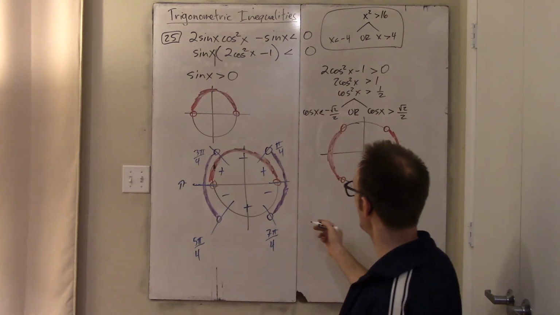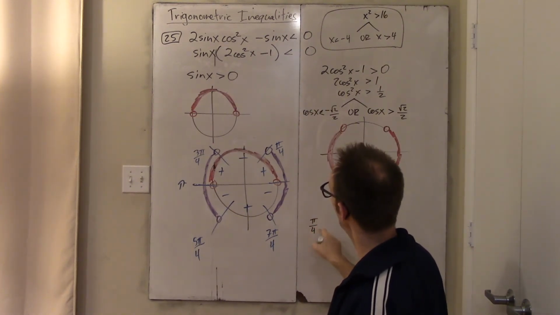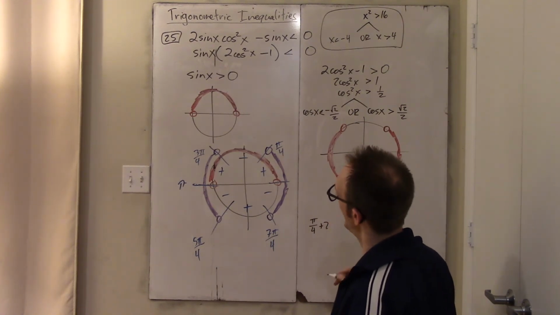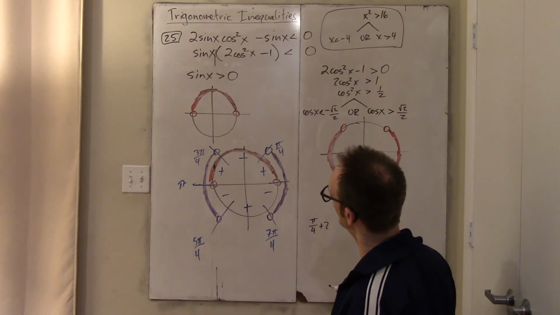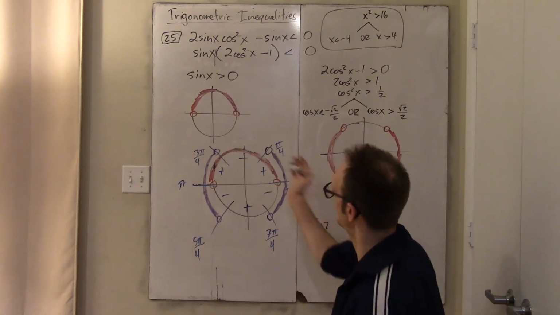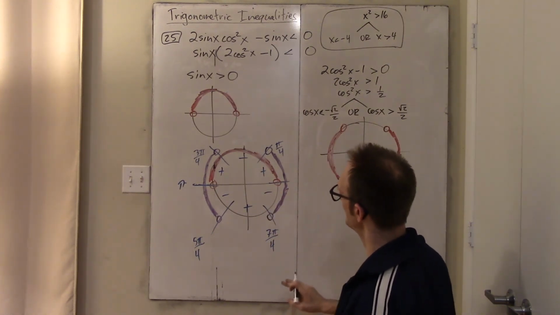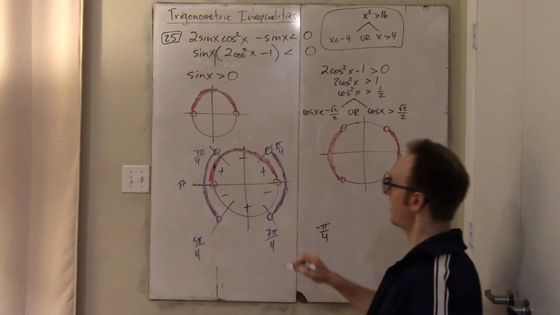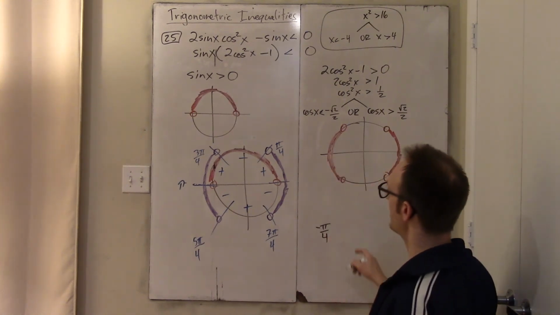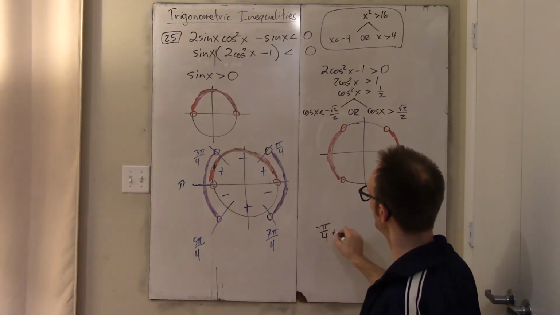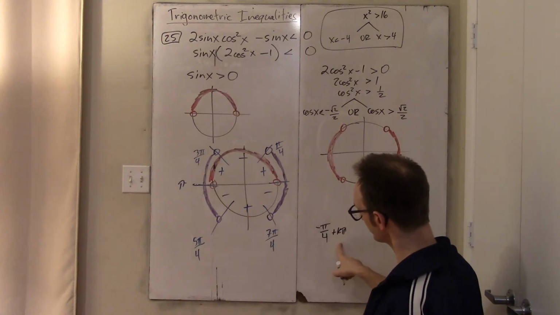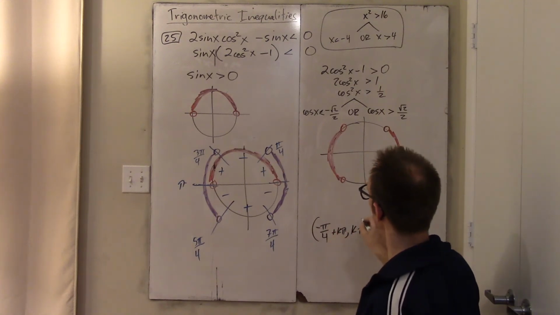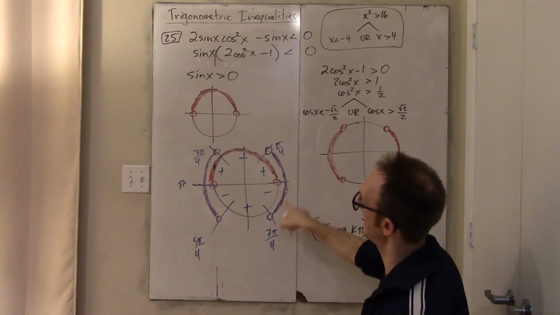And so the actual answer to this problem, because I want to know when it's negative, is going to be everything from pi over 4 plus 2, well, I can be a little bit cooler here and observe some symmetry. Let me do that. I'm going to think of this 7 pi over 4 as negative pi over 4. So I'm going to say, alright, everything from negative pi over 4 plus k pi to k pi, that interval will be negative.